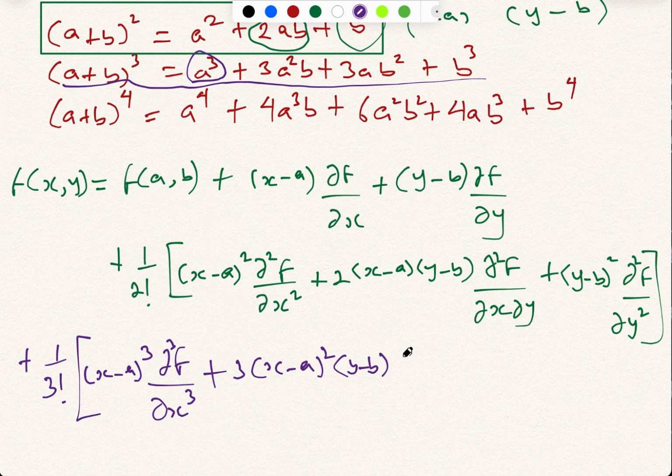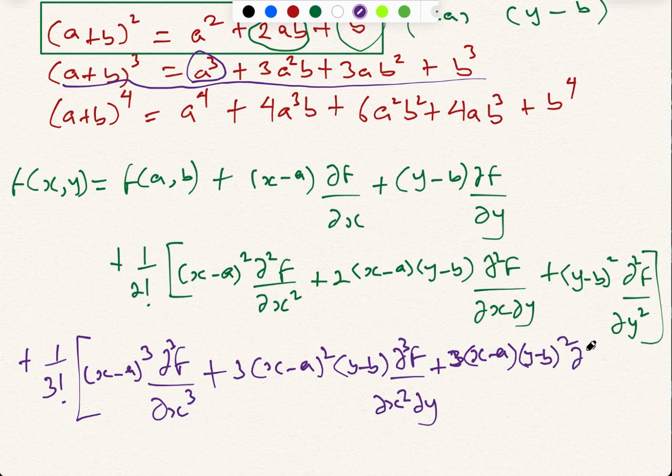Now you write the derivative, so you have the partial derivative of f with respect to x twice. So you can just write this and you write this instead. And so let's go to the next one. You have 3 again. This time around you have just ordinary x minus a, and then y minus b squared.